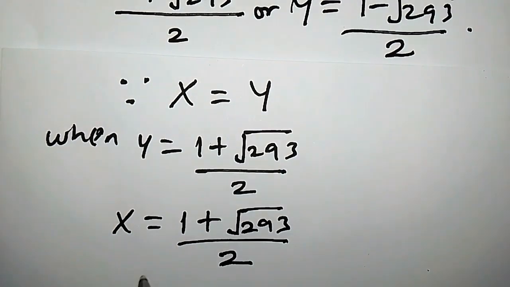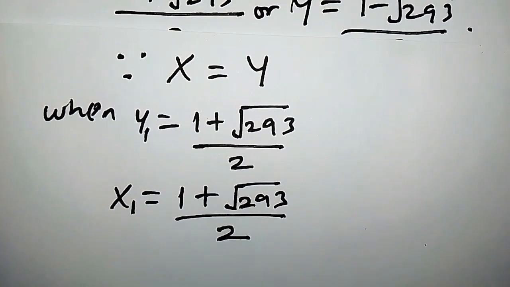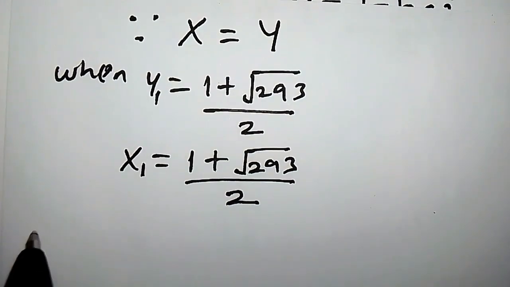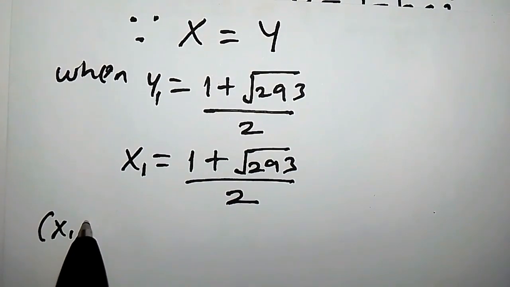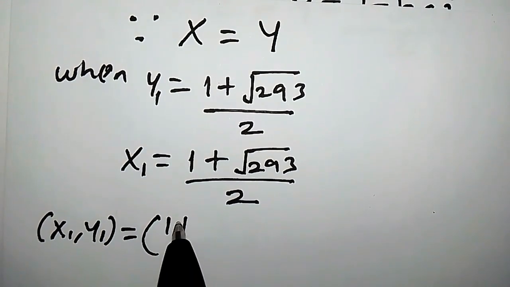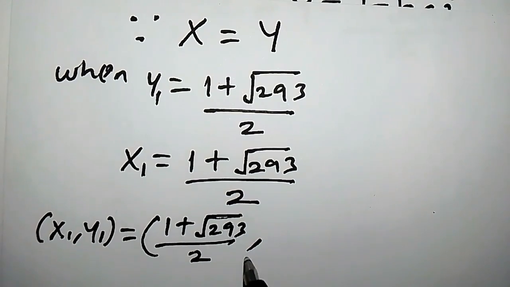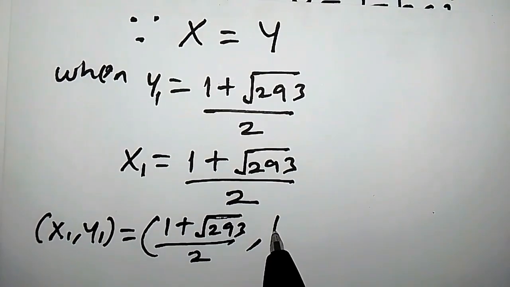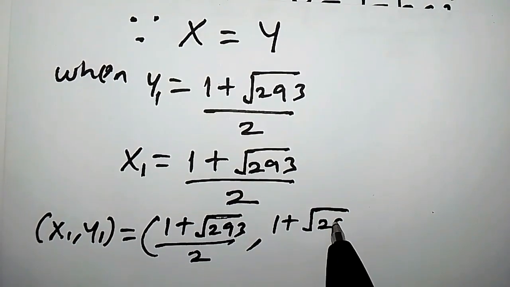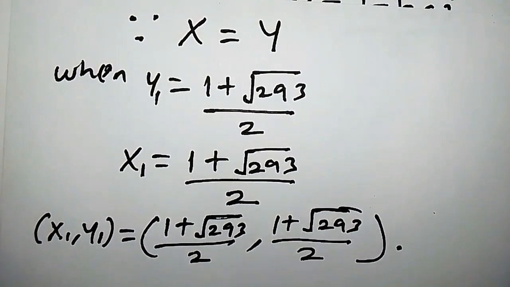Since x equals y, let us call this x1 and this y1. This means that the first solution, x1 comma y1, is equal to 1 plus root 293 divided by 2, comma 1 plus root 293 divided by 2. This is the first solution.